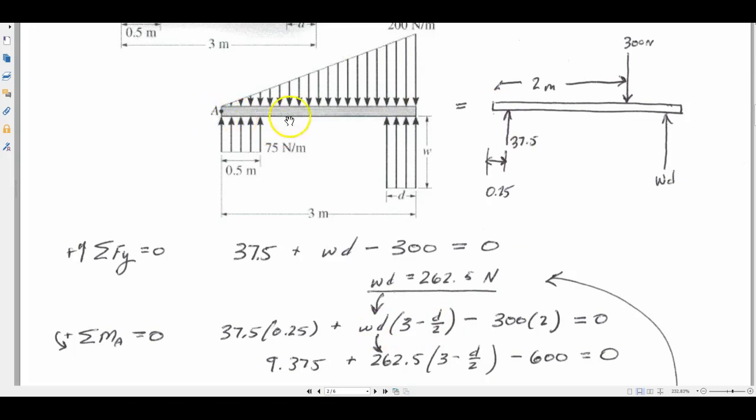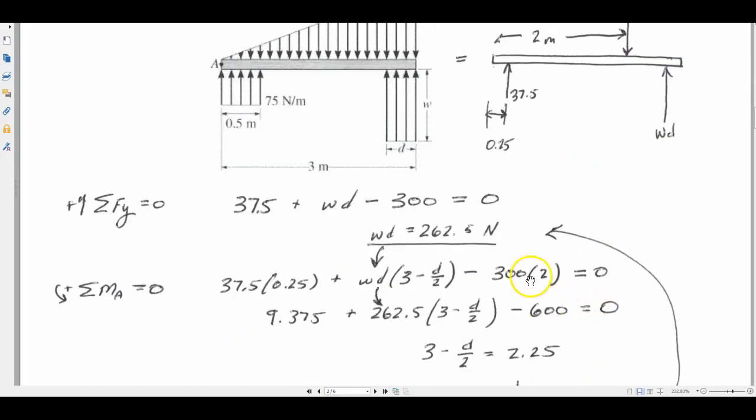Well, it's 3 all the way across minus the little bit of area here for WD, which would be D over 2. So it's 262.5 times 3 minus D over 2. And lastly, the top force, 300 newtons times 2. That would be a negative moment because it is clockwise. The other 2 moments are positive because they're counterclockwise about A. But the 300 Newton force goes clockwise about A, so therefore it's negative.